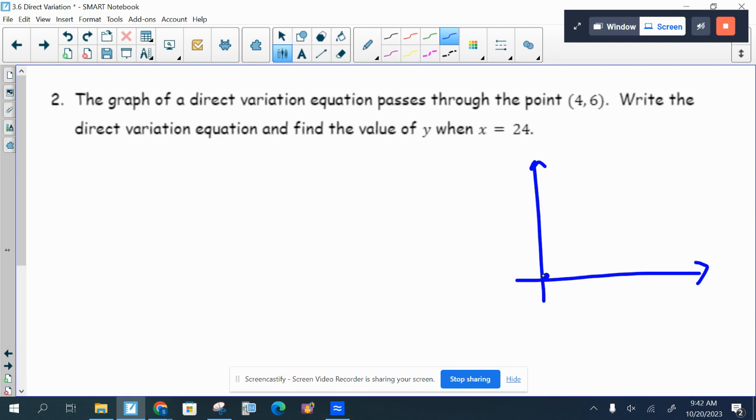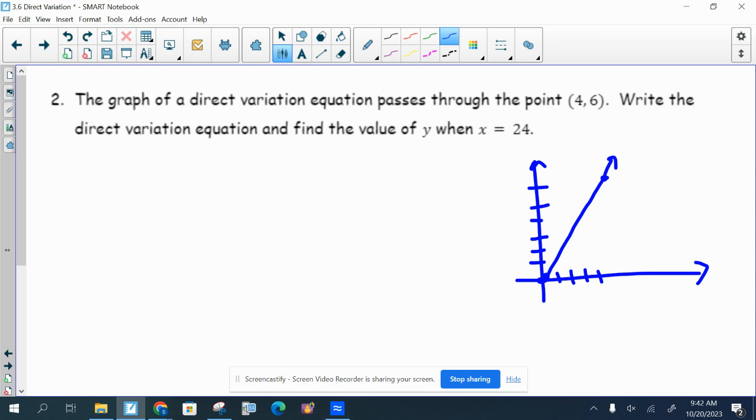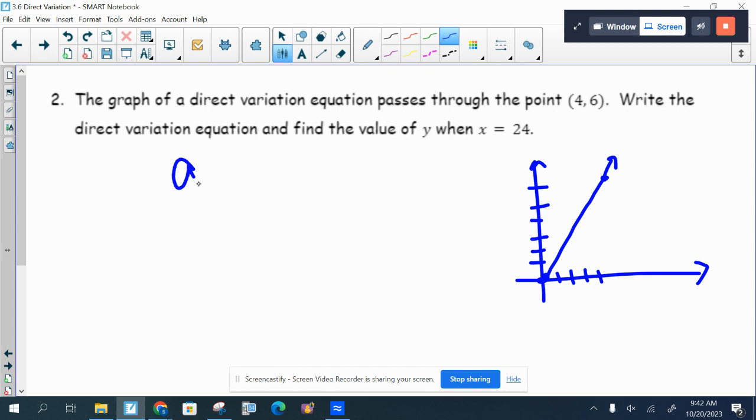It's going to be passing through 0, 0, and then 4, 6. So then you need to determine the slope and write the equation. So what's our constant of variation? I think rise over run.